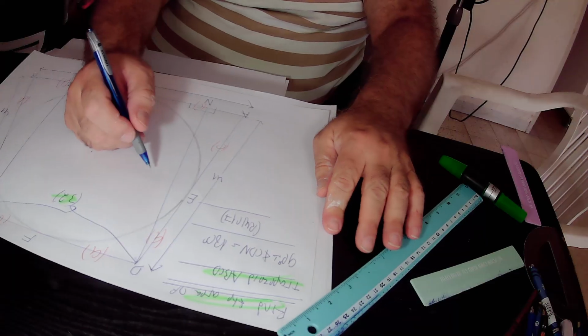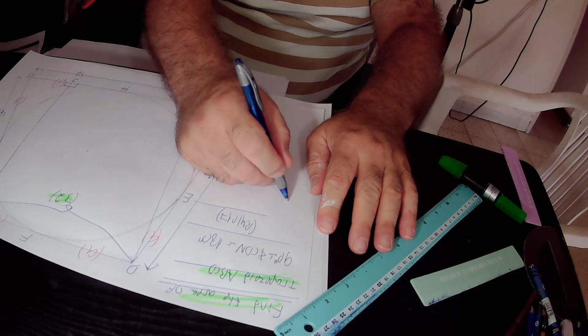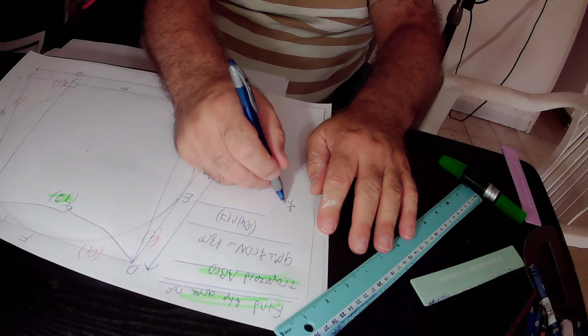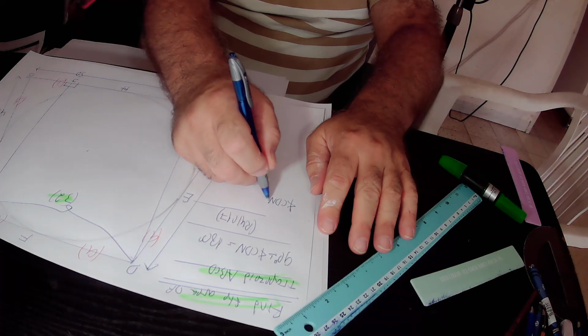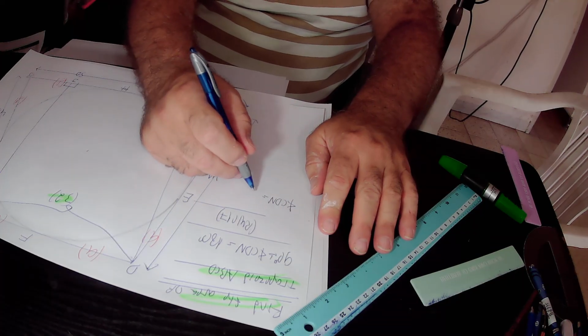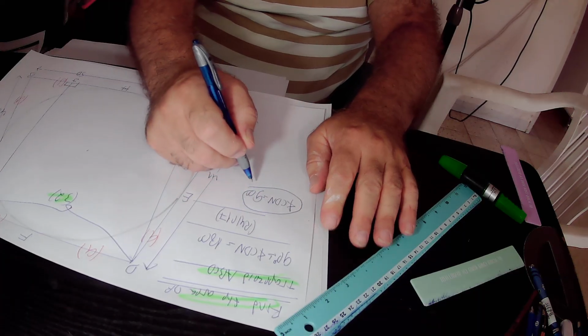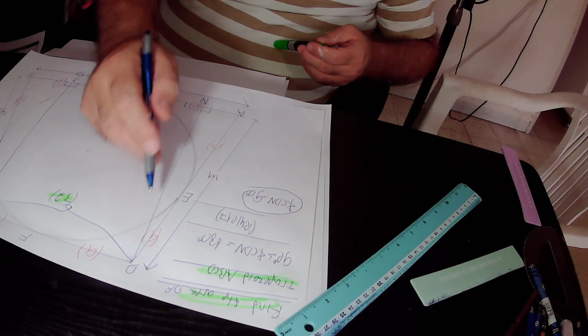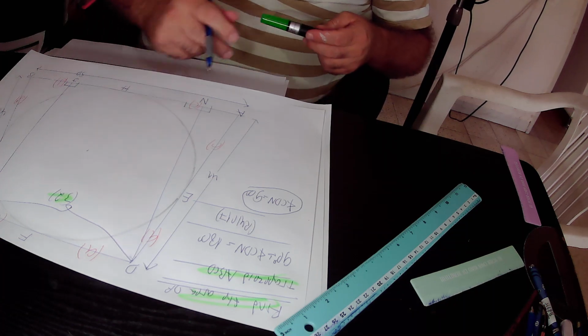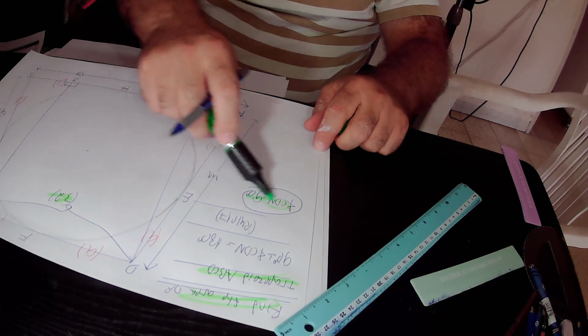Here we subtract 90 degrees from this equation and finally get that the size of the missing angle CDN is equal to 180 degrees minus 90 degrees, which is 90 degrees. So we find out that the size of this missing angle CDN is equal to 90 degrees.